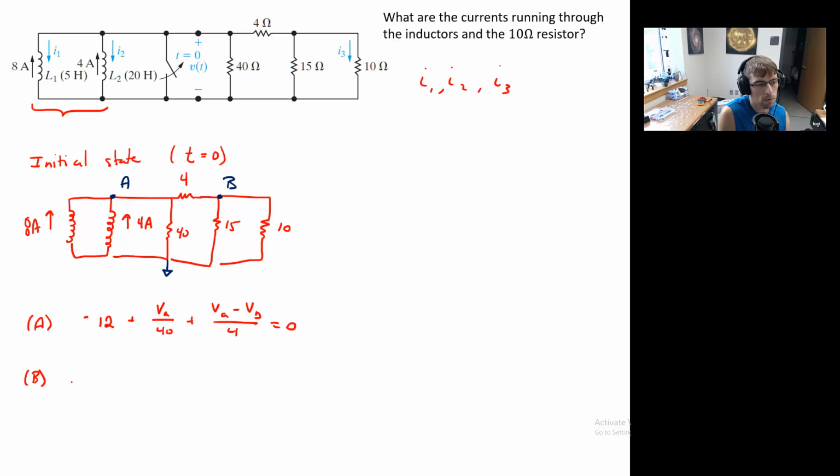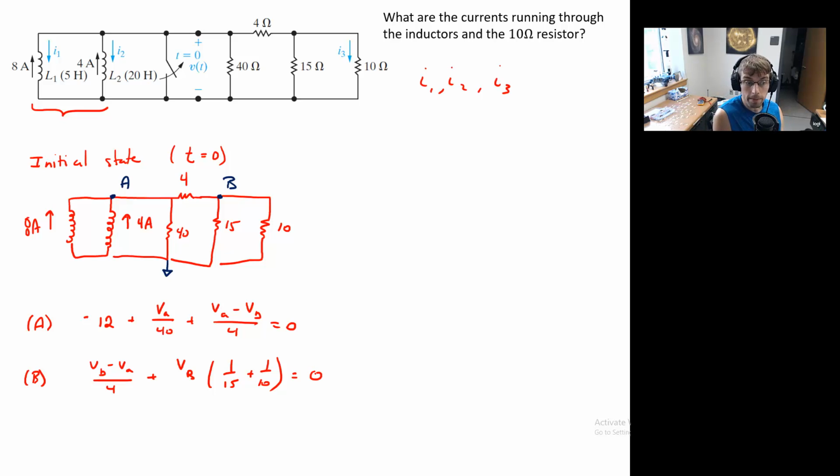Now for VB, we have VB minus VA over 4 plus VB times the 1 over 15 plus the 1 over 10, and that whole expression equals 0.